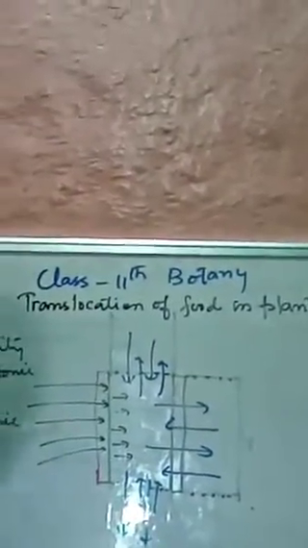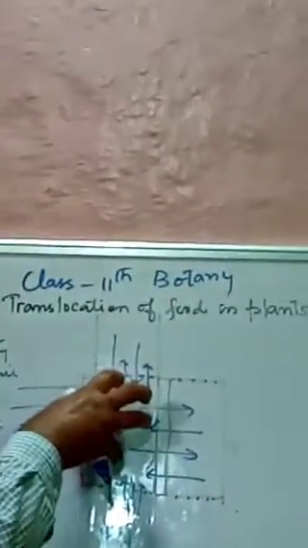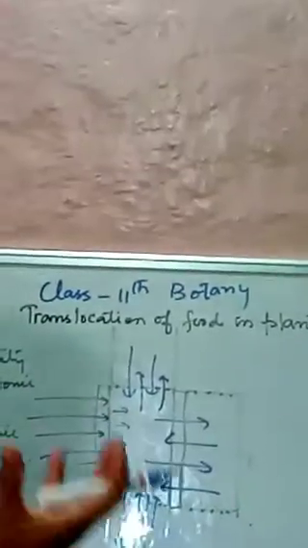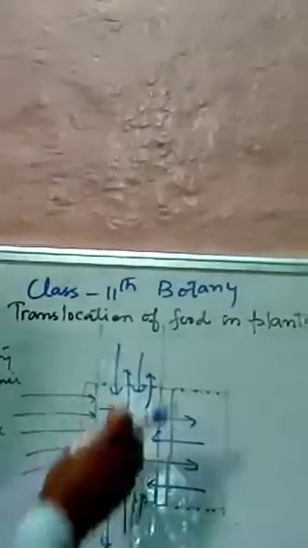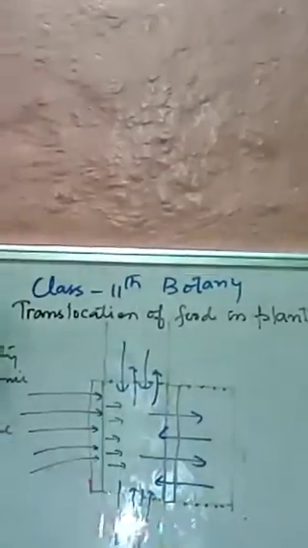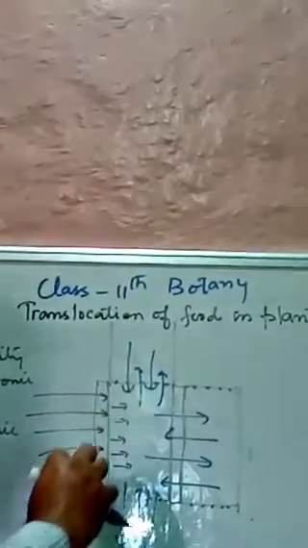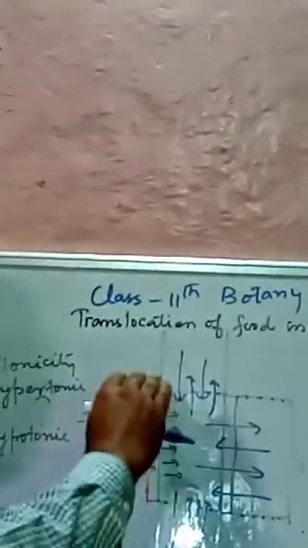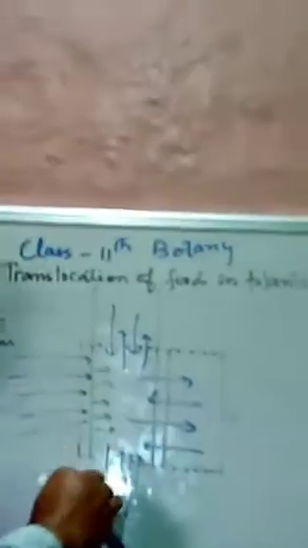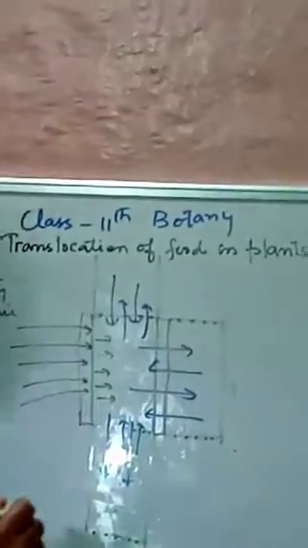Water moves from the hypotonic solution into the hypertonic solution. Because of that, a pressure develops in this cell. Its pressure stays higher, while the pressure of the adjacent cells stays lower. The food moves from the higher pressure gradient to the lower pressure gradient, and this food is translocated.